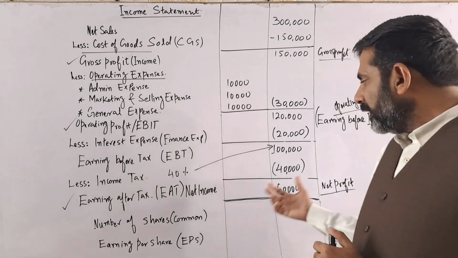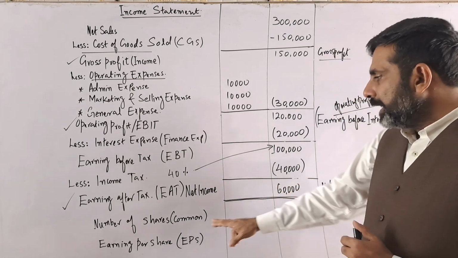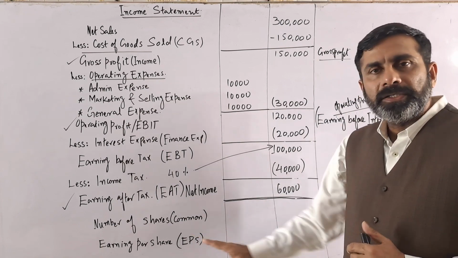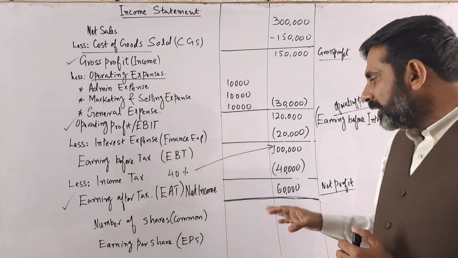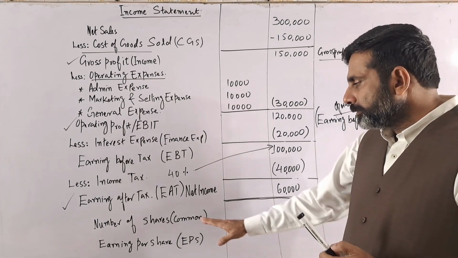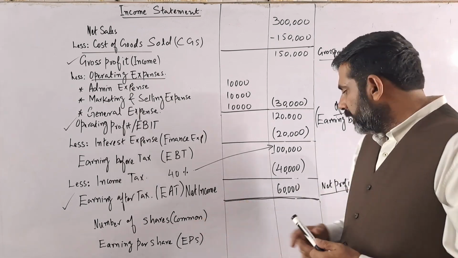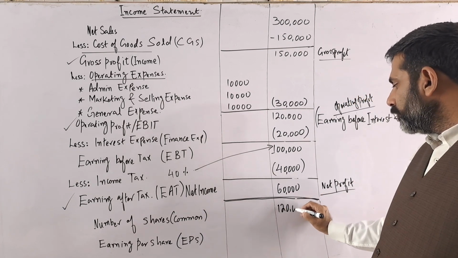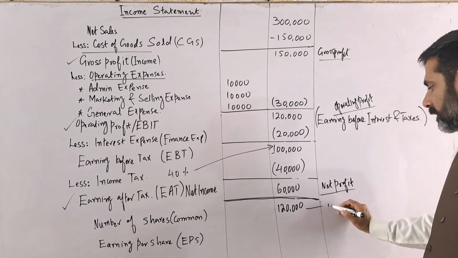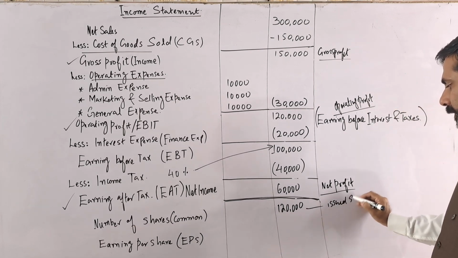The next thing that we can calculate is the earning per share, that is, per share how much they are earning. For that, what we need is the number of shares. Let's say that this company has 120,000 issued shares. This is the issued shares.